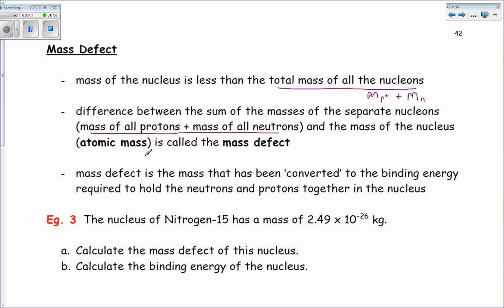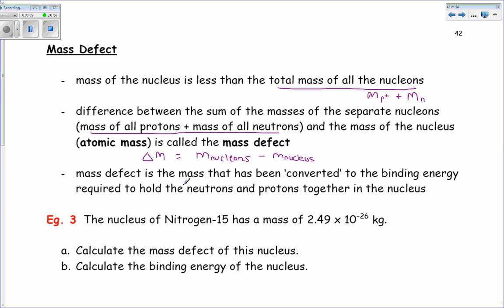Okay, mass defect is the delta M. So delta M is equal to the mass of the nucleons minus the mass of the nucleus. And then if you find the energy equivalent of that, then what you found is the binding energy. How much energy is going into holding the nucleus together.